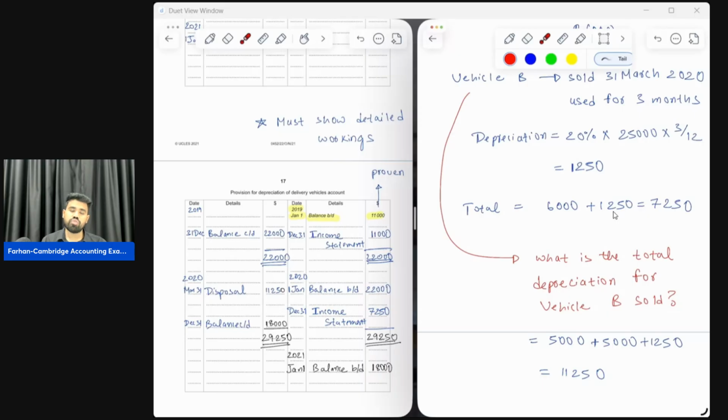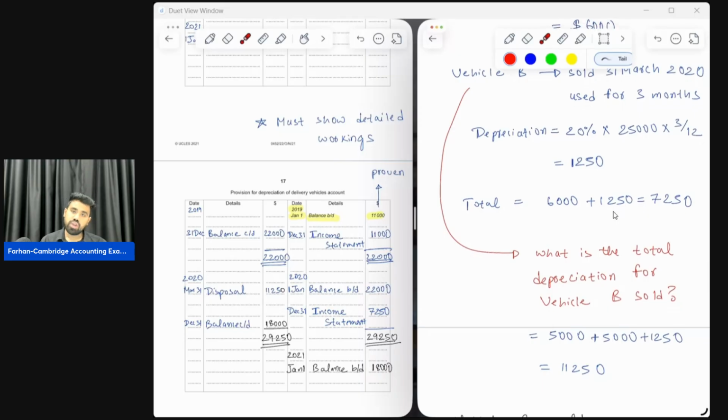So therefore, we need to remove this effect. Now that we are reducing the provision for depreciation, what do we do? We obviously debit it. So at 31 March 2020, which is the day the asset was sold, so you've got to be specific with your dates, we are showing that this total depreciation of 11,250 is being removed from the books because this asset has been sold, which is validated again by transferring this through the disposal account, as mentioned here in the details column.